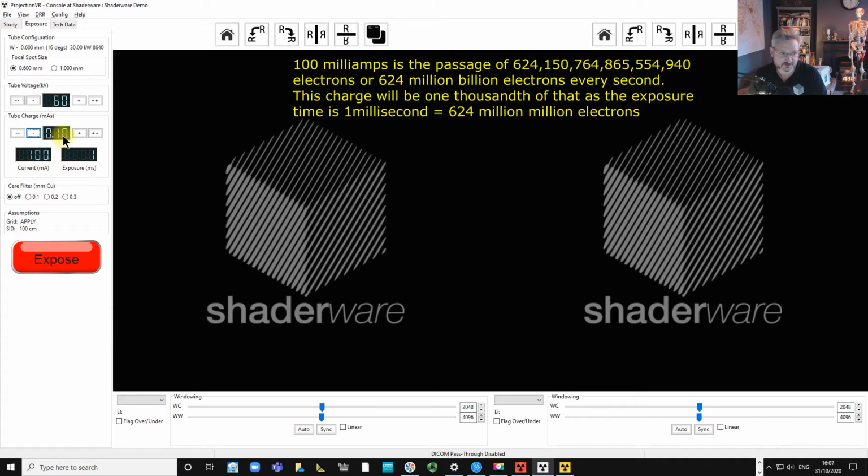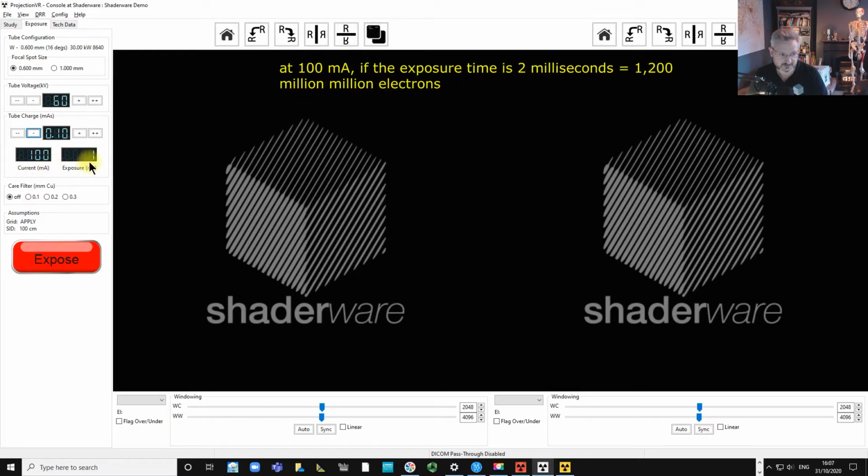So charging up the tube is adding electrons, more electrons. You can do that by having a longer time. So if you kept 100 milliamps, then if you had 2 milliseconds, then that would be 0.2, because the same rate, but for twice as long, will give you twice as many electrons.